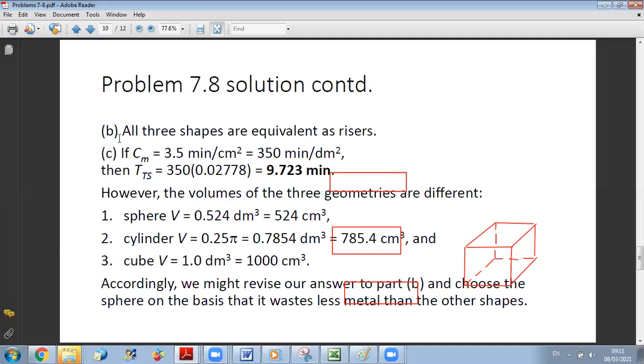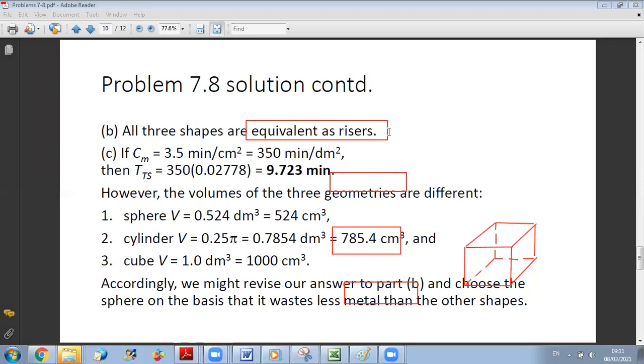Here they said first that all 3 shapes are equivalent as risers. They mean in terms of solidification time. Okay? But when you want to select according to the criteria of volume, then we should select the sphere because in this case the waste will be minimized since we will have the lowest volume. Okay, so here they should be more clear.